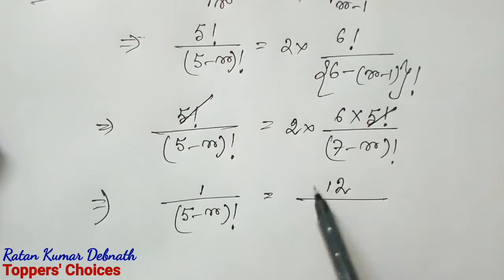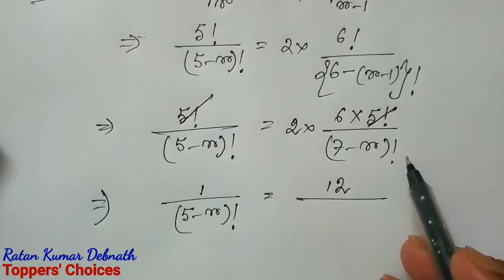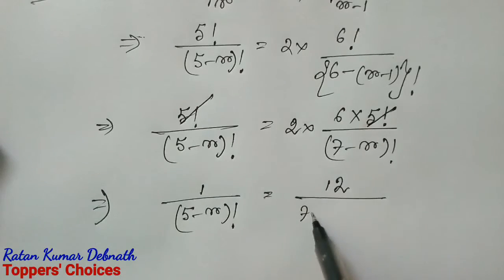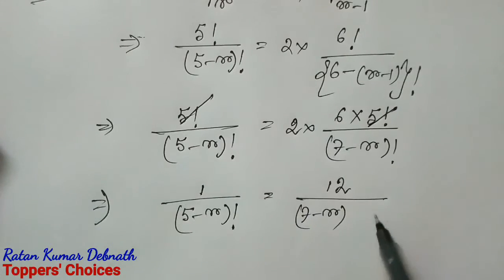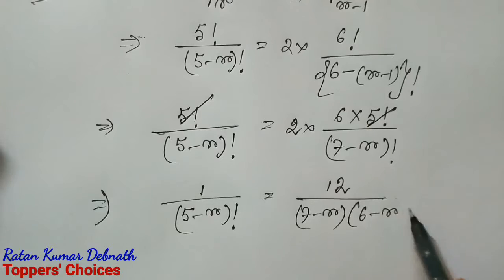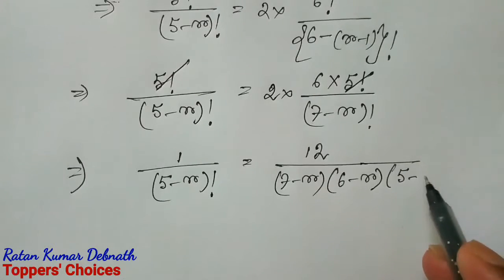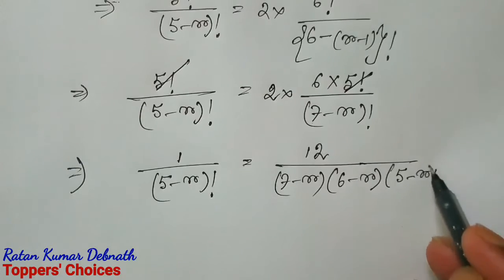12 by 7 minus r factorial means 7 minus r into 6 minus r into 5 minus r factorial.